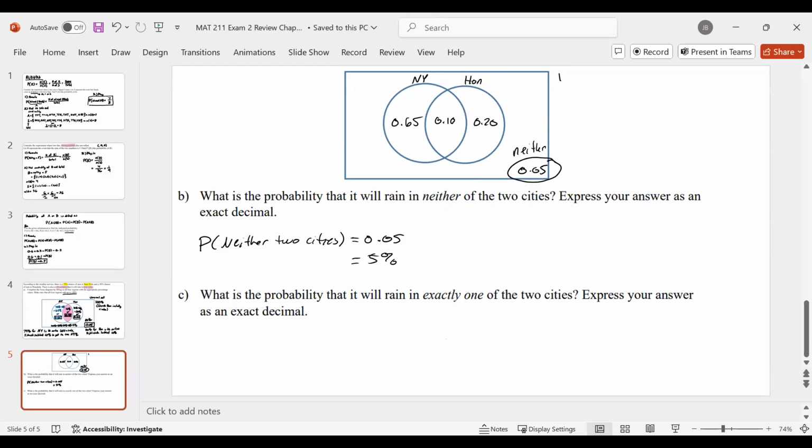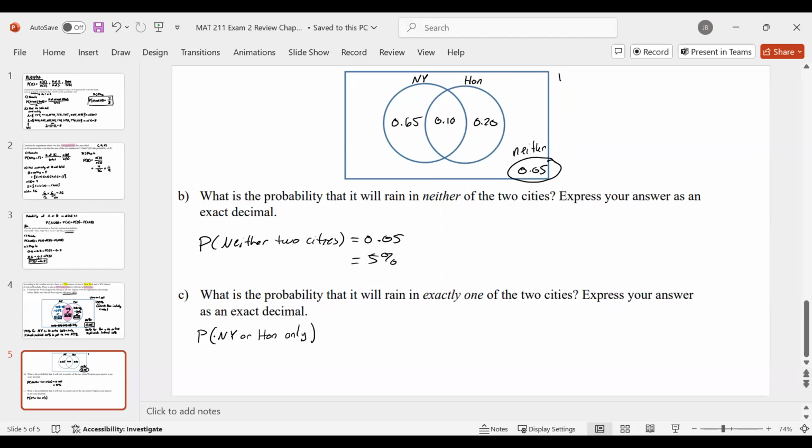So again, you can use the Venn diagram here. For exactly one of the two cities, it's basically saying the probability of New York only or Honolulu only.